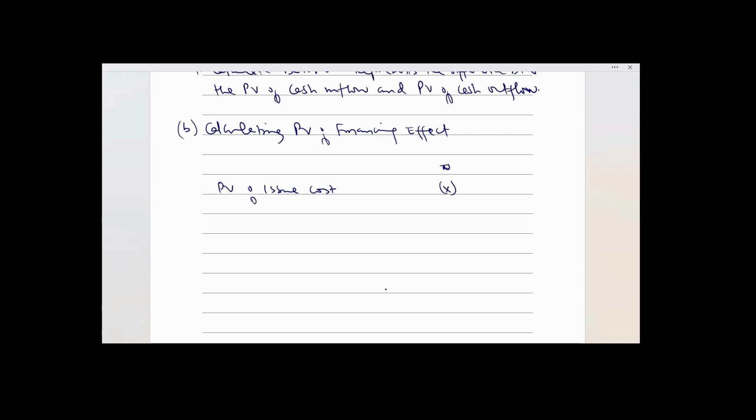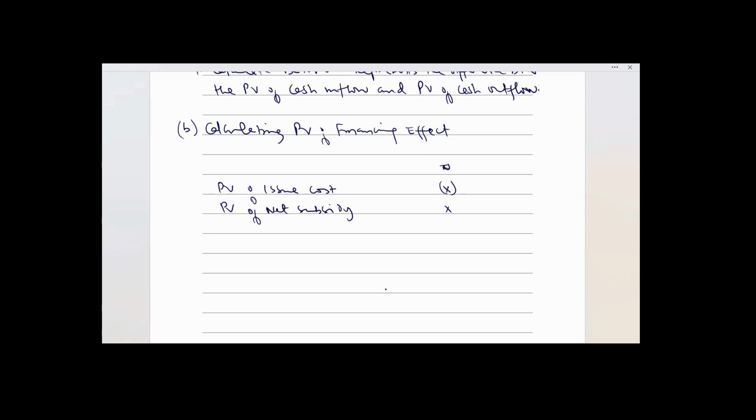Then you go into the question again. If you are given a subsidized loan, then you need to calculate present value of net subsidy. It's a cash inflow.